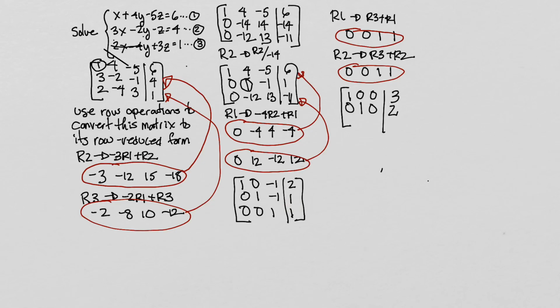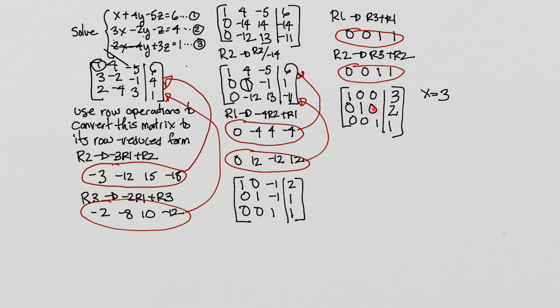And the third row stays the same. So we're going to have 0, 0, 1, 1, and now we've got it. We can read our solution. So right here is 1x, no y's, no z's. So 1x is 3. So from here we're going to have x equals 3.